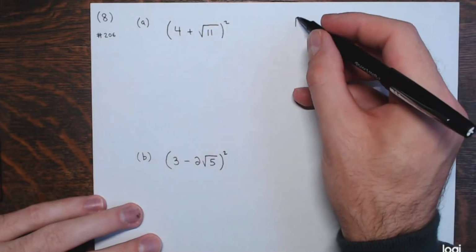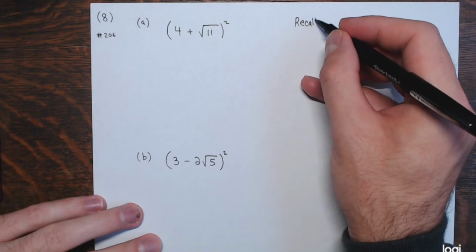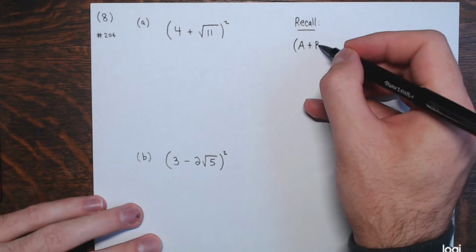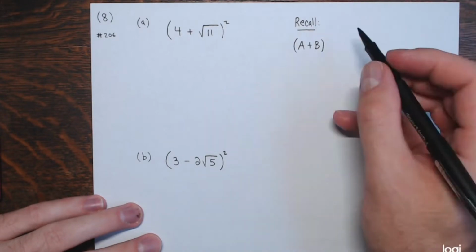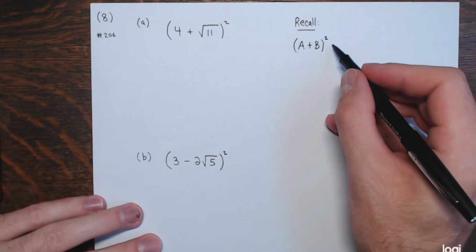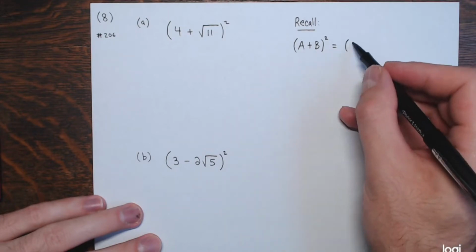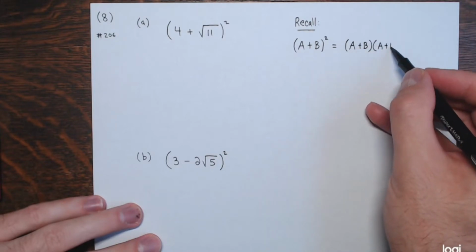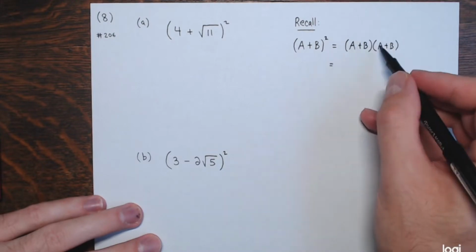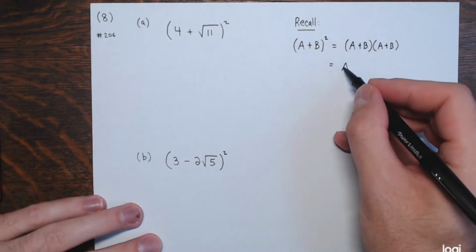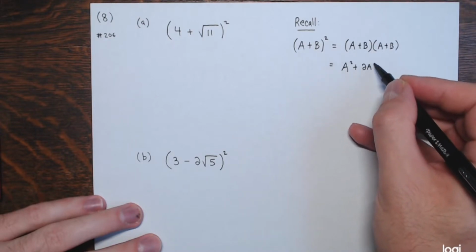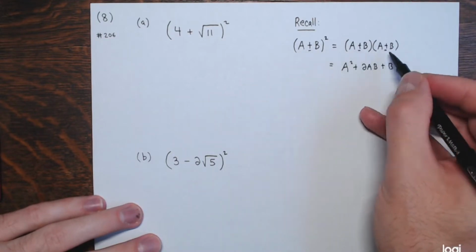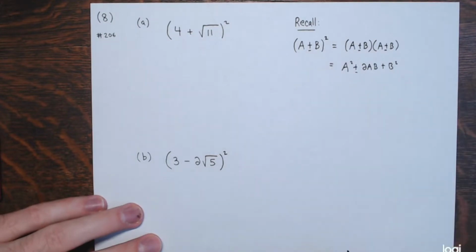Now hopefully you recall that if you take an expression with two terms, a plus b, a minus b, whatever, and square it, that means you multiply the expression by itself. That's what it means to square. And when you FOIL and combine like terms, you end up with a squared plus 2ab plus b squared. And if it were minus, you'd end up with minus 2ab plus b squared.